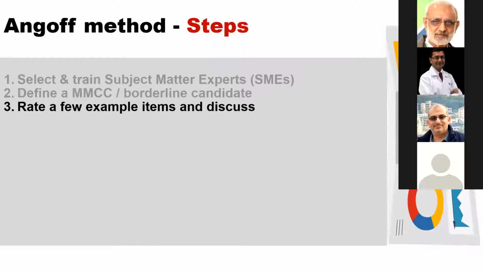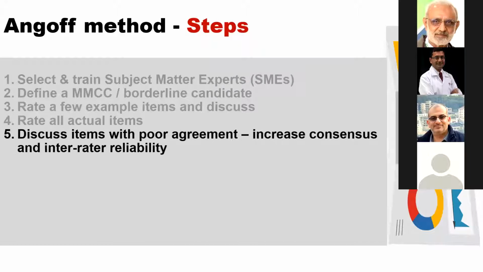Then first they will read a few example items and discuss among each other so that everybody can recognize or agree to a certain level. After that, all the items would be rated.